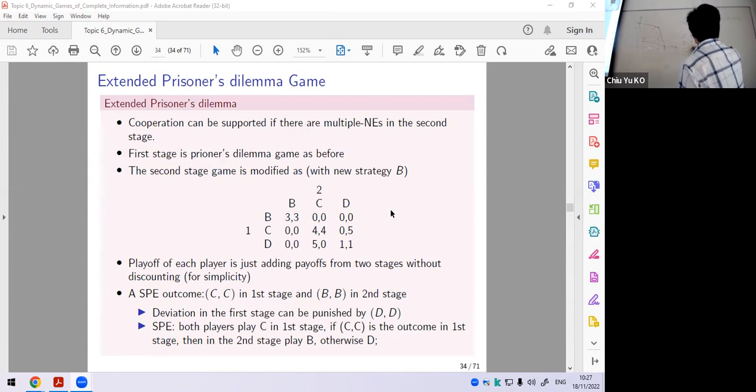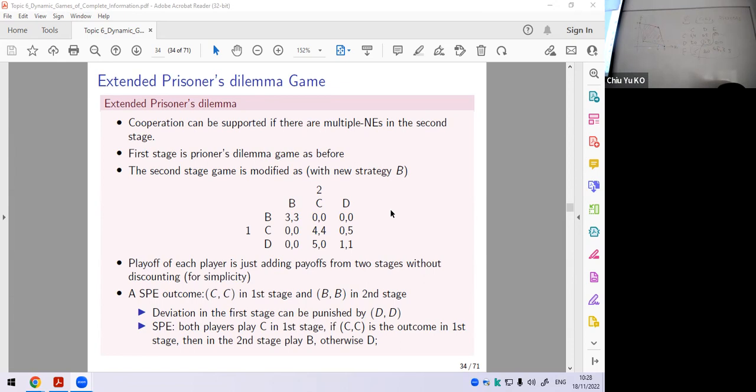As long as this number is in here, this can be supported. How do we do that? If this is not the case, we go back to here. As long as we make this kind of payoff, it still makes this a Nash equilibrium. Maybe we just keep this 0, 0. No matter what number we put here and here, as long as it's within this zone, this is fine.